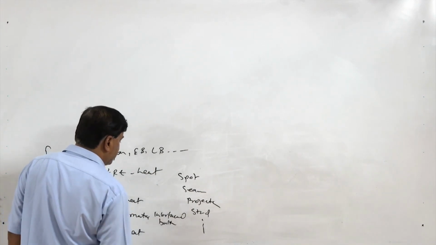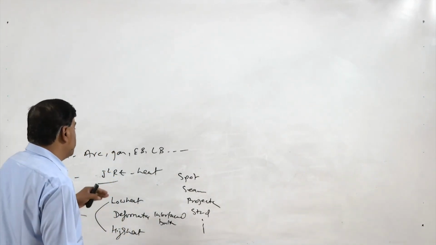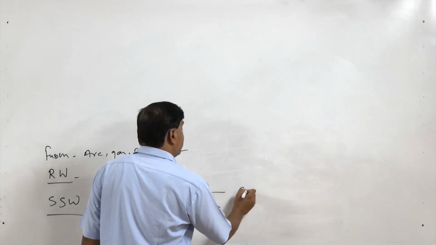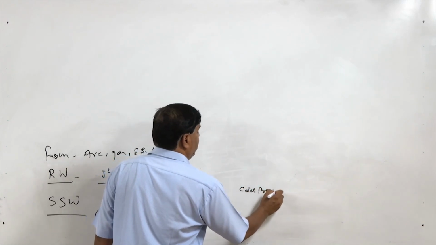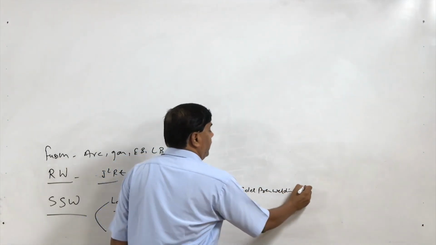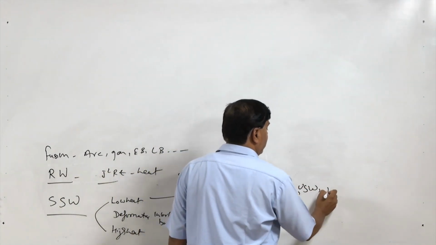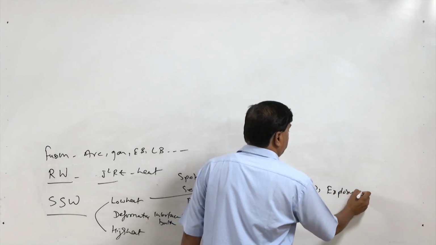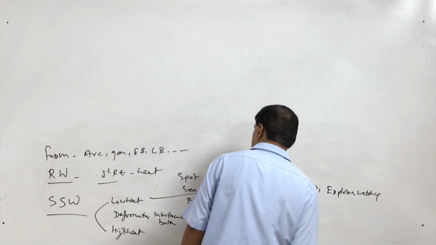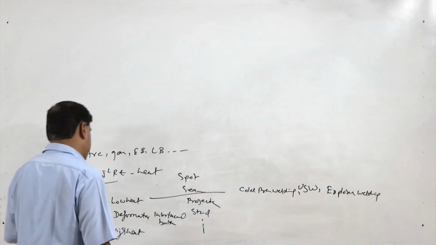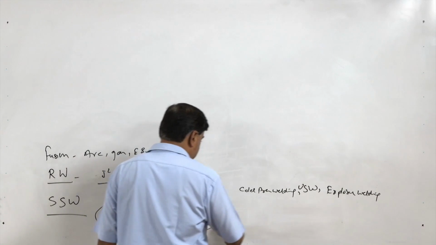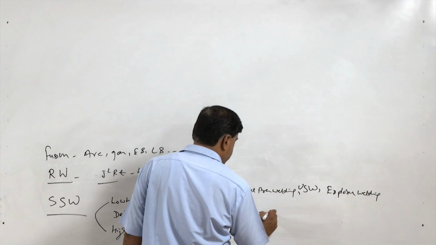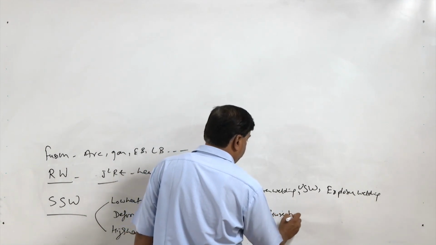In case of interfacial deformation, very limited heat is generated, like in cold pressure welding, ultrasonic welding, explosion welding. Mainly interfacial deformation is involved and very little heat is generated, while in others a lot of heat is generated although there is very limited deformation, like in diffusion bonding.